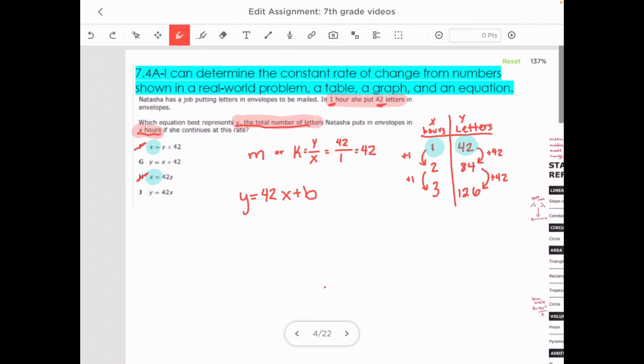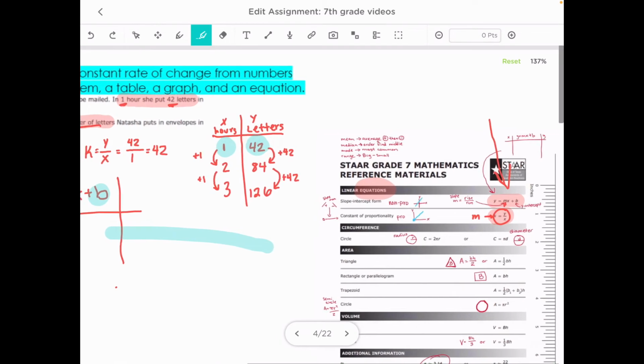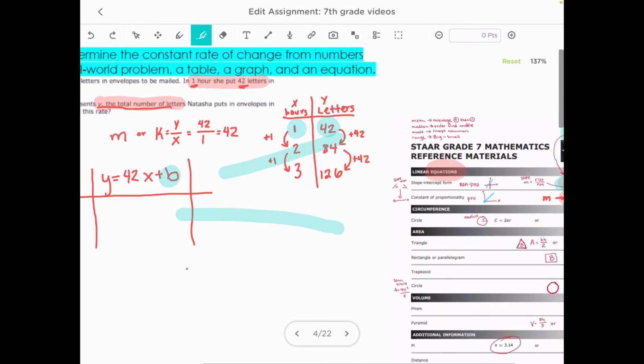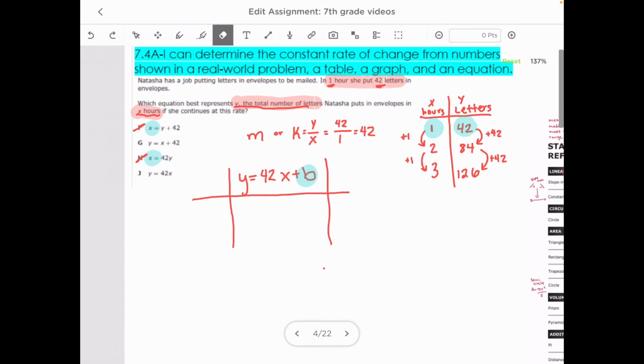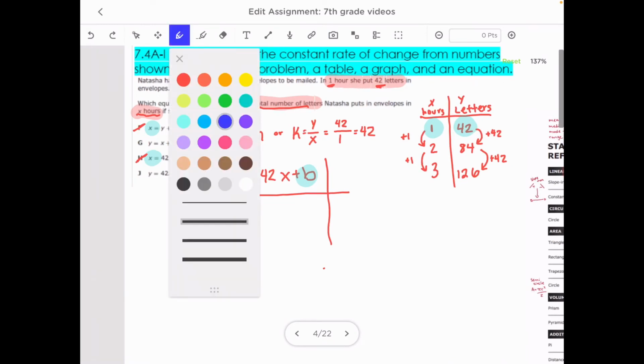Now that I have my equation, I'm going to set up a 3-column process chart to solve for the letter B, okay? Remember that you also have an example of your 3-column process chart right over here. So anytime we use this equation, you might want to be using your 3-column process chart. So let's go ahead and start filling it in.